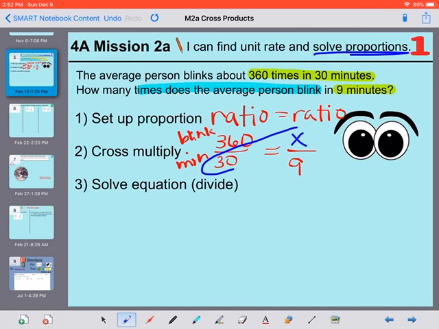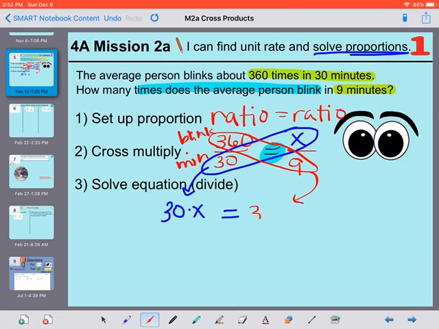This cross, x multiplied by 30, is going to be equal to the other cross, 360 multiplied by 9. So I like to write these two on this side, 30 times x, set equal to the other side, which is 360 multiplied by 9.